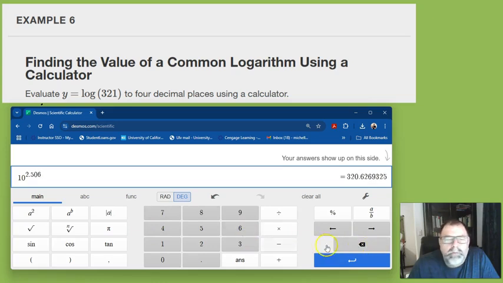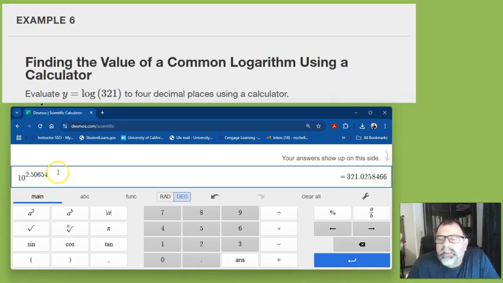Too small, so 6, 5. And you see I'm getting close. So it's between 2.5065 and 2.5066. So 6, 5, and I have to go out 1 more place. Okay, that's too big. So if I round it to 4 decimal places, it'll be 2.5065.